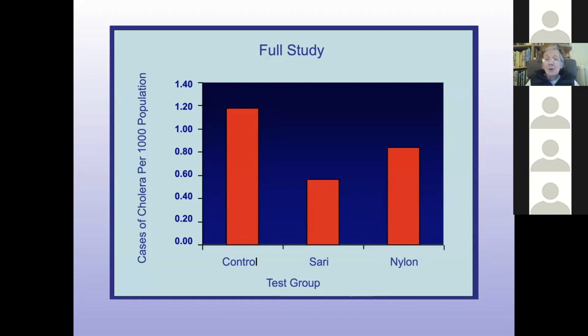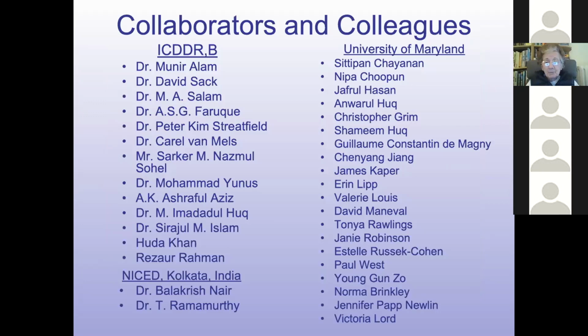And so 75% of the villagers in both the control and the test villages were continuing to filter. We were able to demonstrate, however, a herd effect. Families who did not filter, but were surrounded by families who did filter, were protected. May I have the next slide, please?